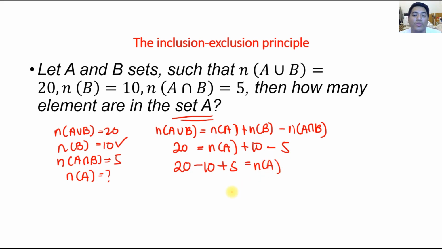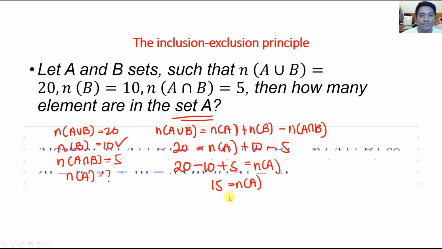So this is going to be 15, the number of elements in A. Okay? So that's the inclusion-exclusion principle. Whenever we are given three of the four quantities, we can easily solve for the other one that is being asked.